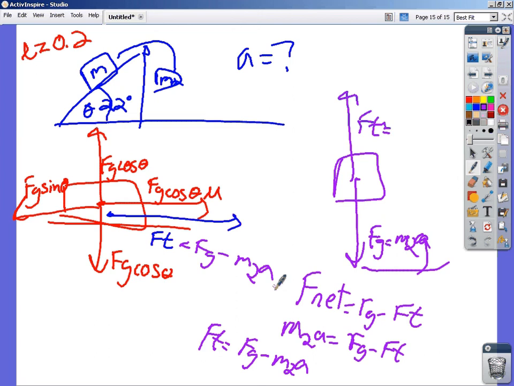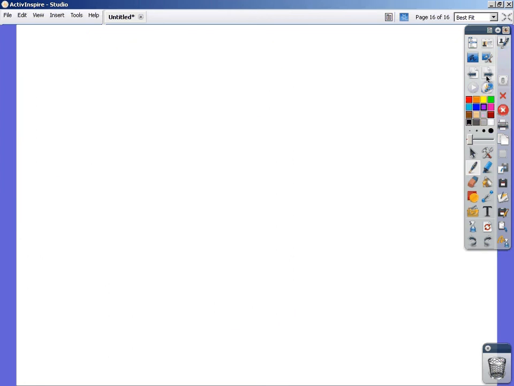Acceleration here being the same as this one. Looking at the picture, see this plus this. I'm saying this is the positive direction here. So this plus this, and then I'm going to subtract this, minus M1G sine theta.